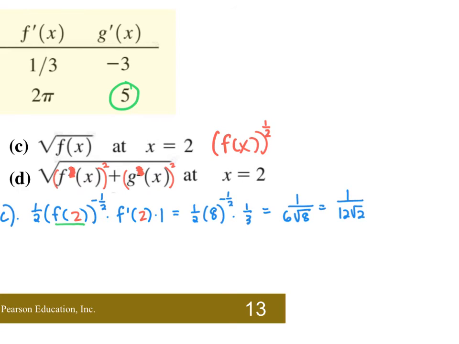So let me give myself a little space to work here. And so I will have parentheses, and then another parentheses, f of x quantity squared, plus parentheses g of x quantity squared, and then around the whole thing, I'll have the 1/2.